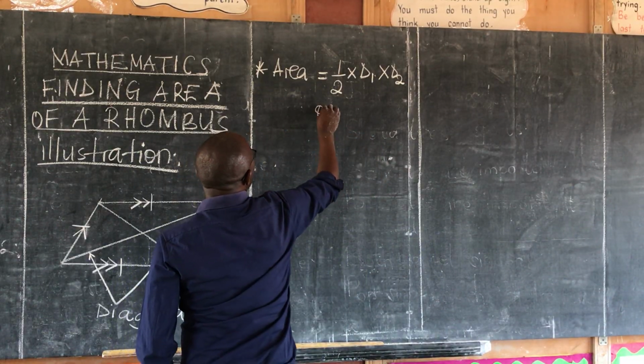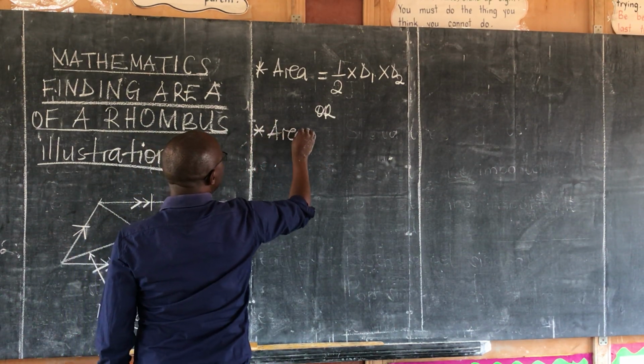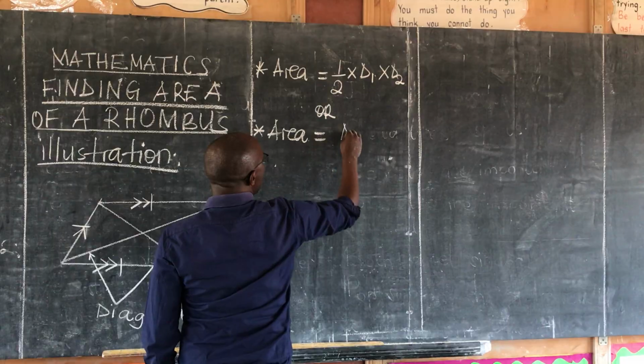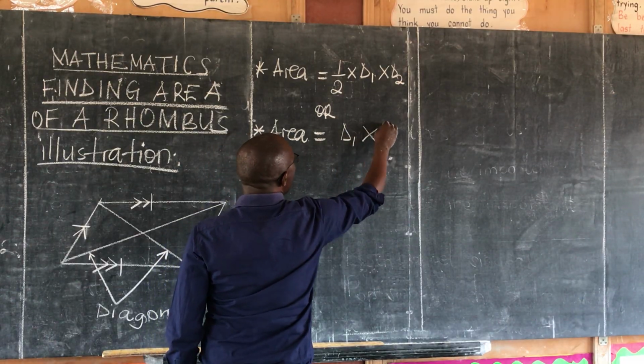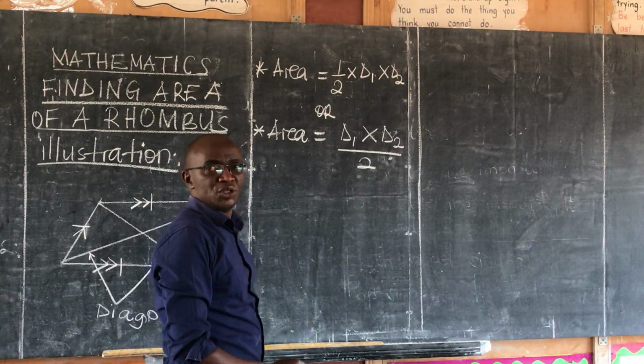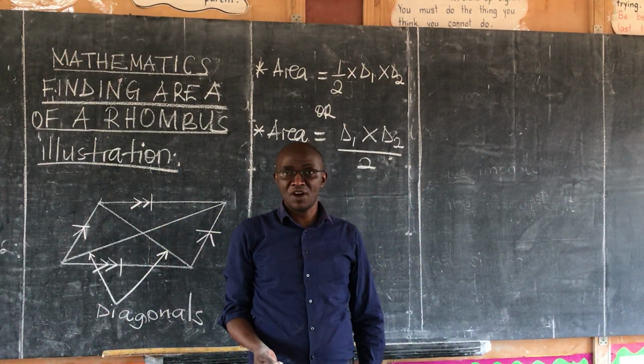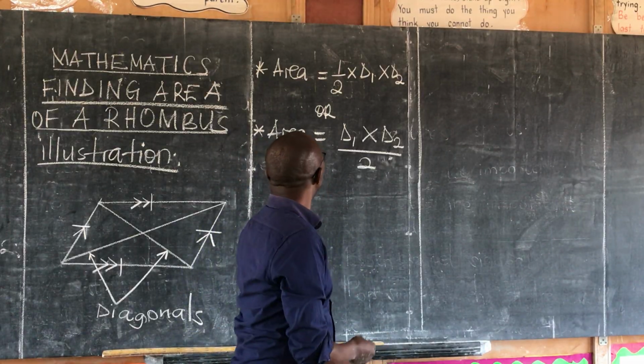Or another one could be area of a rhombus is equal to diagonal 1 times diagonal 2 over 2. So you can use either of those two to find the area of a rhombus.